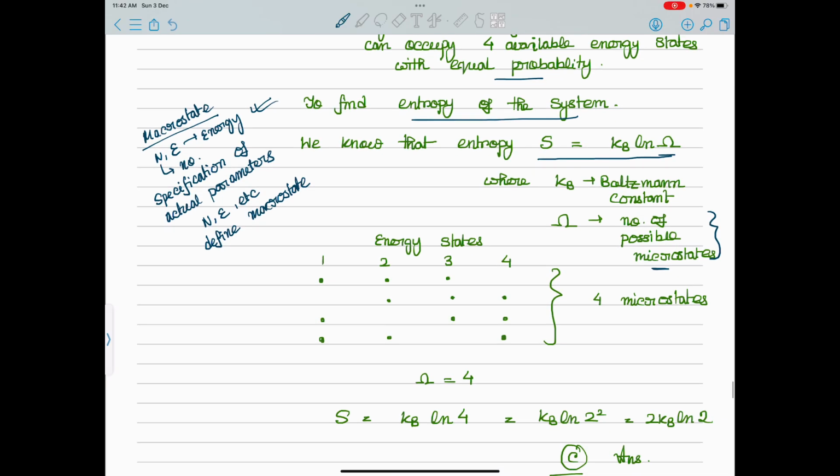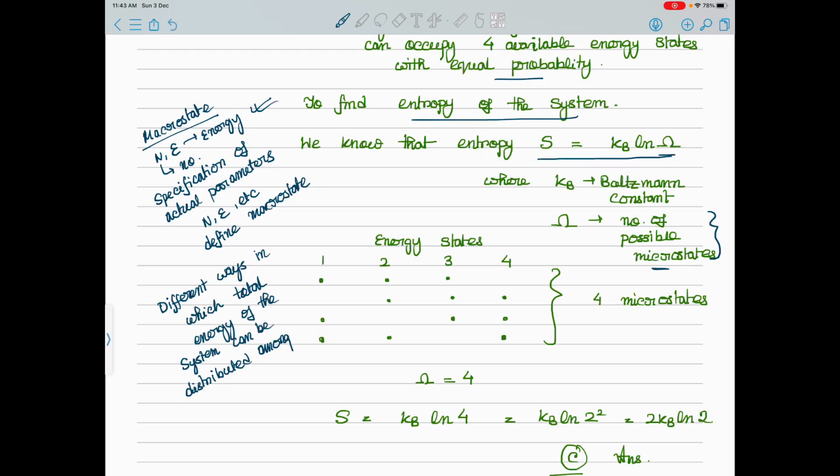Okay, but what about the microstate? If you go to the microscopic level, it sometimes happens that there are different ways in which the total energy of the system can be distributed among n particles.